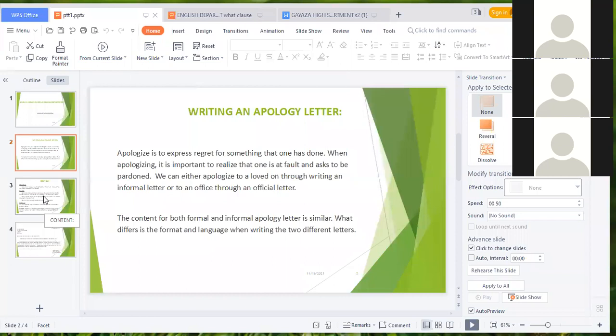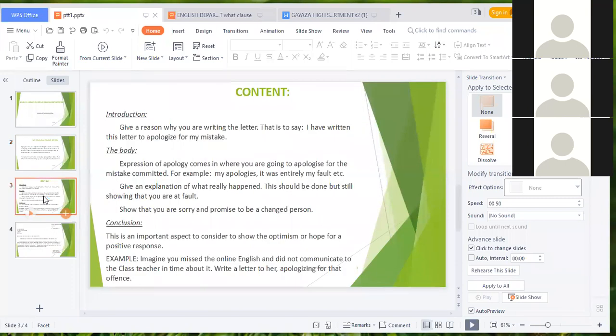But if it is a formal letter, we looked at formal letters. So today, I don't have notes on format, but we are just going to look at the letter itself, because we looked at the format last week.